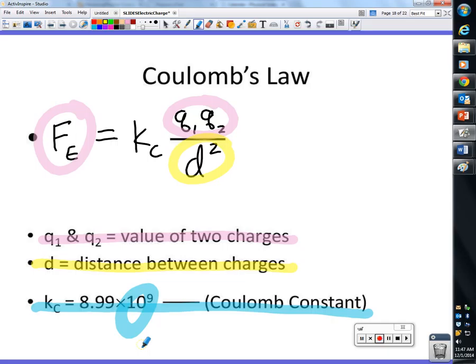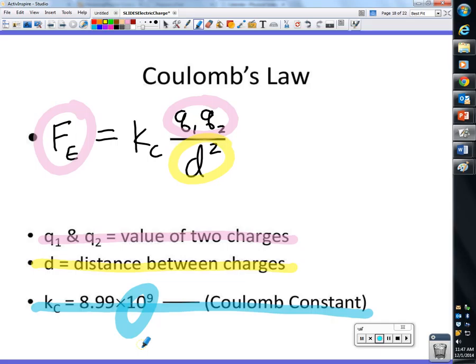But what portion of the pie is that? It's a smaller and smaller portion of the pie. We call that an inverse relationship. So force is inversely related to the distance between the objects.